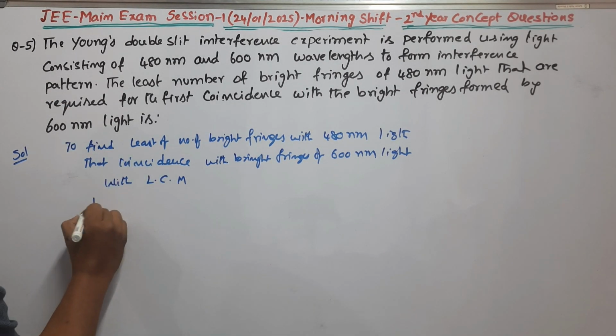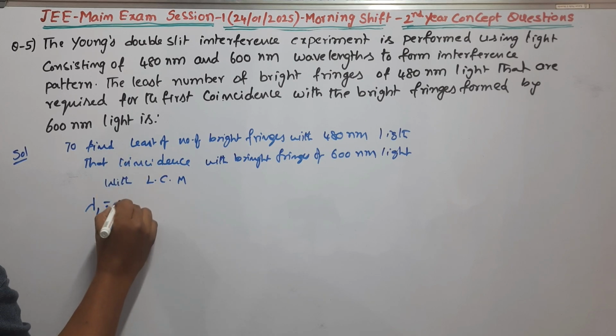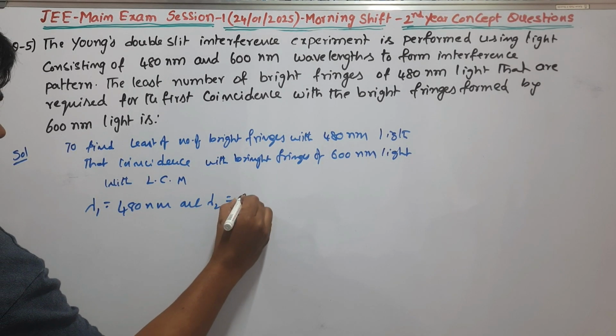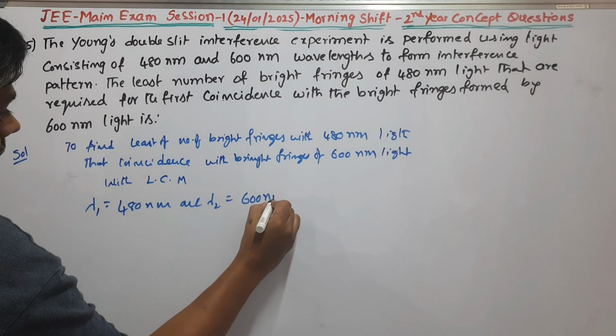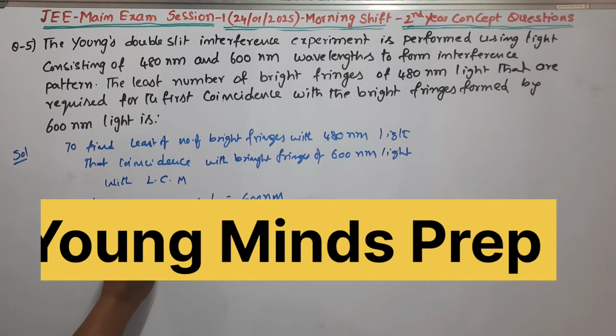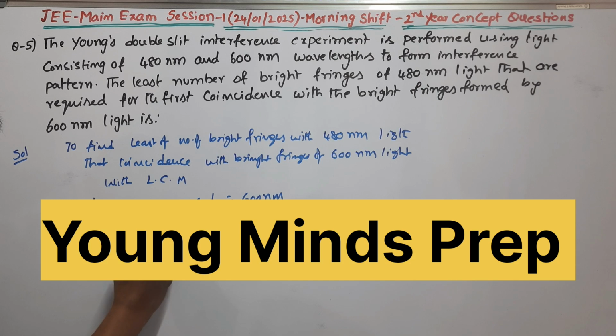So here, what is given? Lambda 1 is equal to 480 nanometer and lambda 2 is equal to 600 nanometer. You know what is the fringe width? What is the formula of fringe width? Beta is equal to lambda D by d.